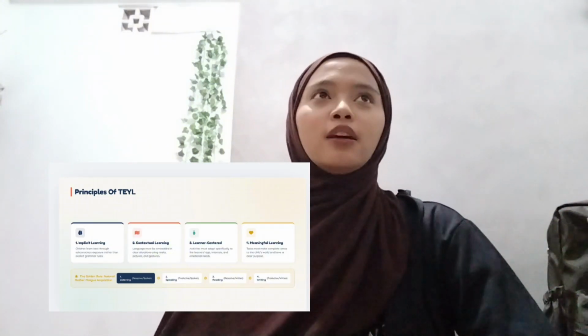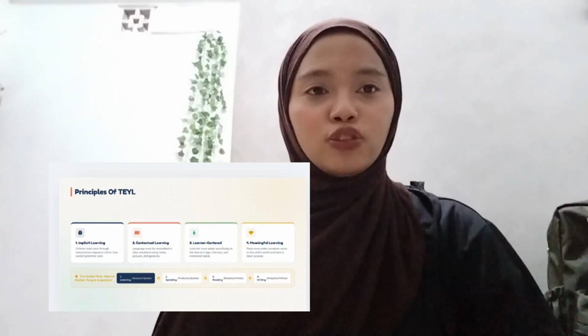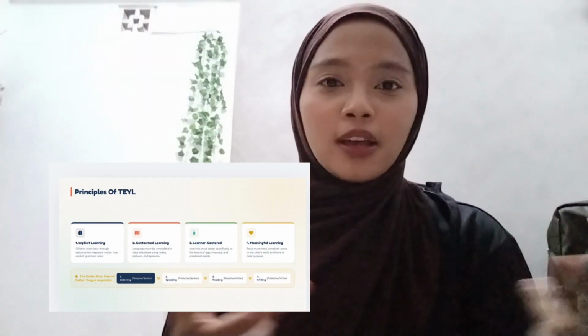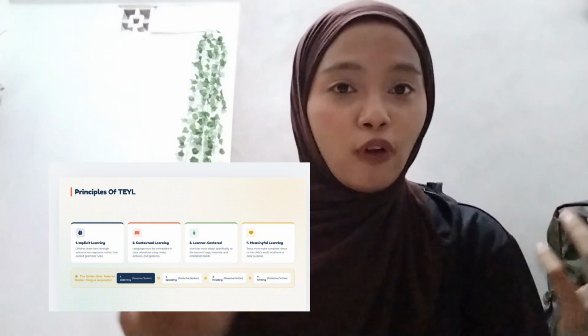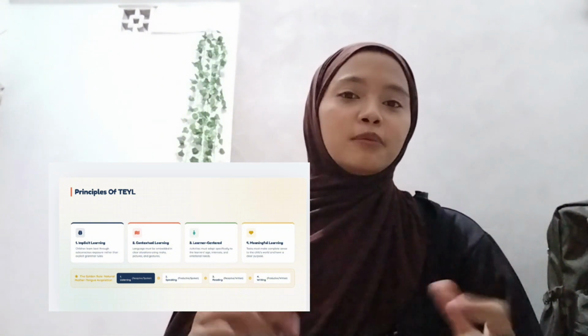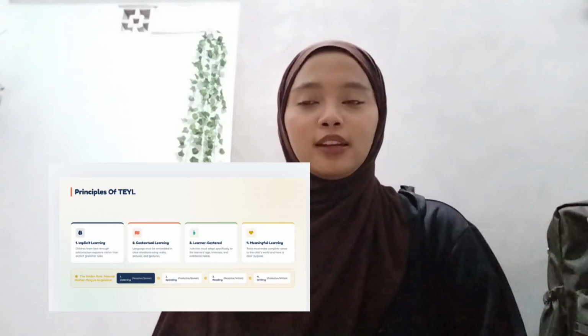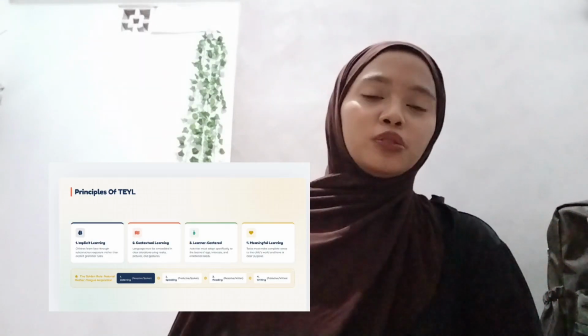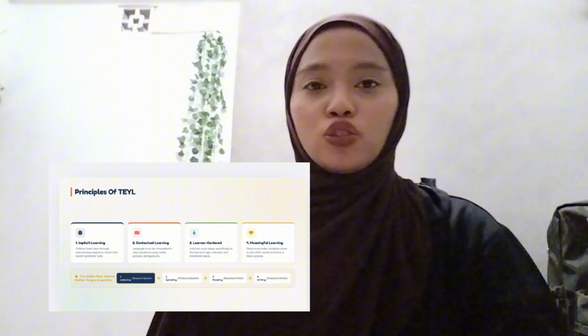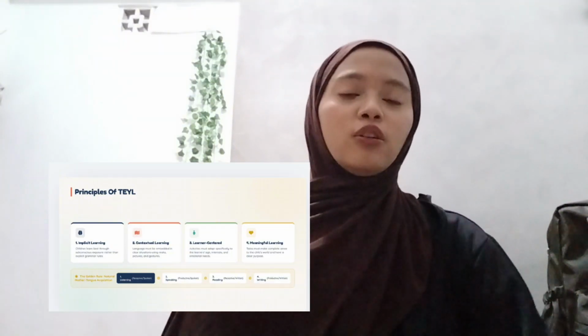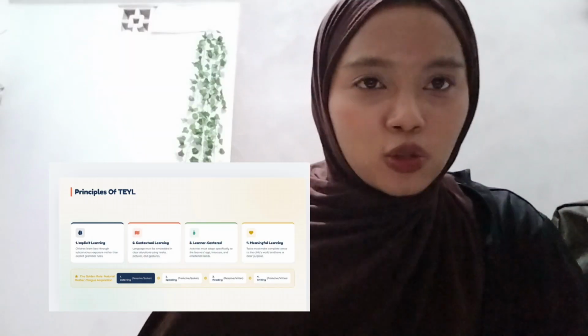For example, when the students play games, they can get new vocabulary from the games, and that is learning naturally. Or we can use movies, so the students can watch movies and get new vocabulary and so on.